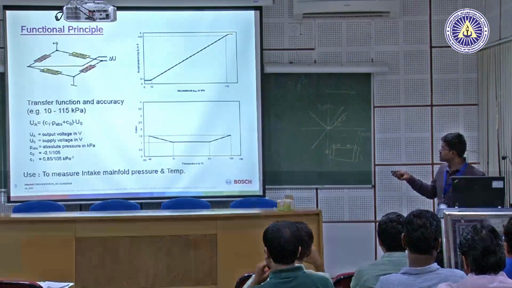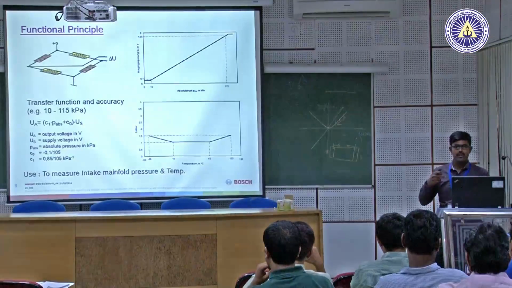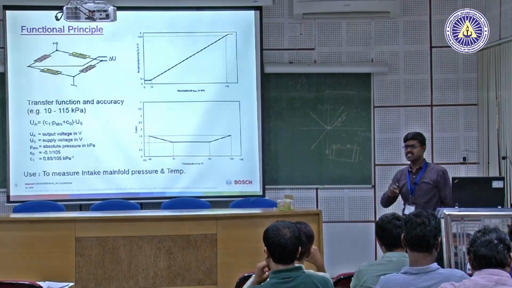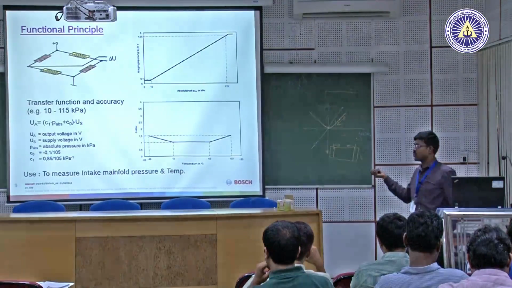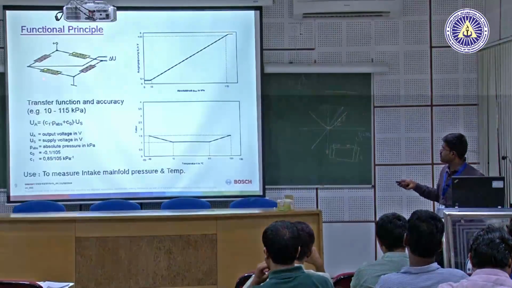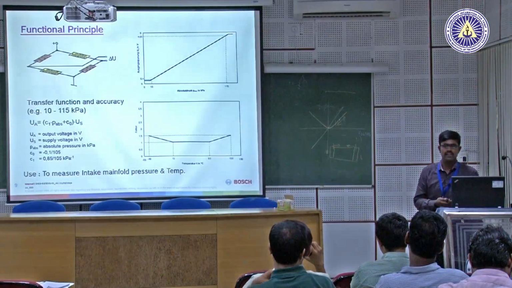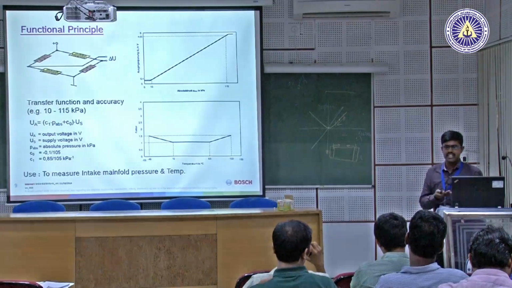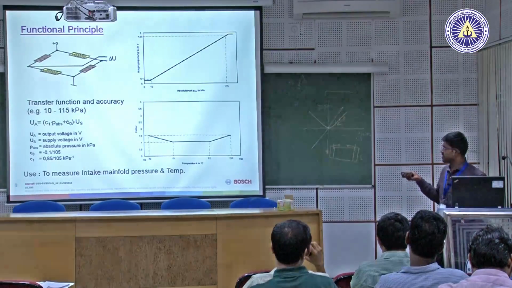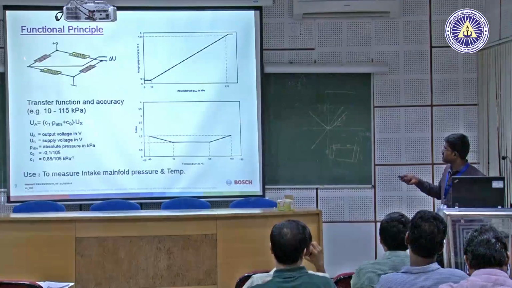What is a pressure transducer here? When you apply some pressure, the resistance changes. In vacuum there will be no influence of pressure waves. So, it is an absolute 0, that is the reference here.